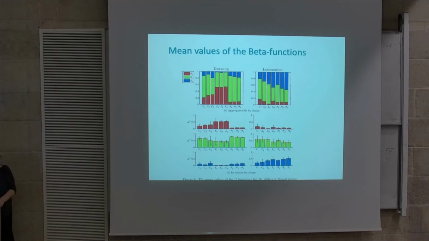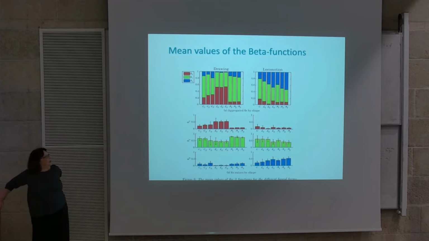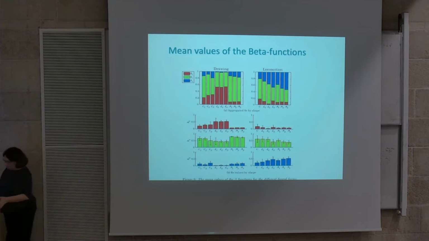And also we can predict what happens in locomotion versus what happens in drawing. And indeed, we found that in drawing, the most dominant are the Euclidean and the equiaffine. And in locomotion, you have the Euclidean and a little bit the equiaffine. Okay, so you have different tasks with different mixtures of the same population of neurons.